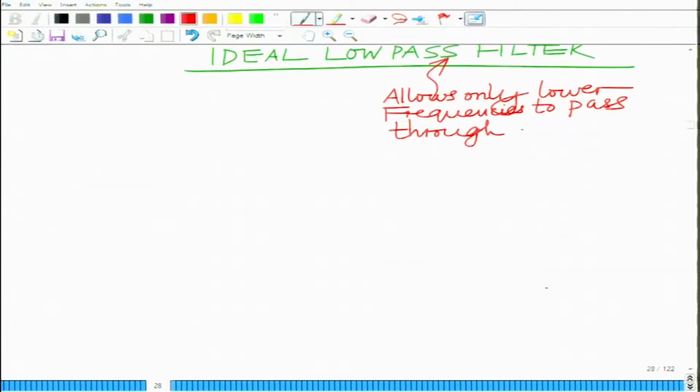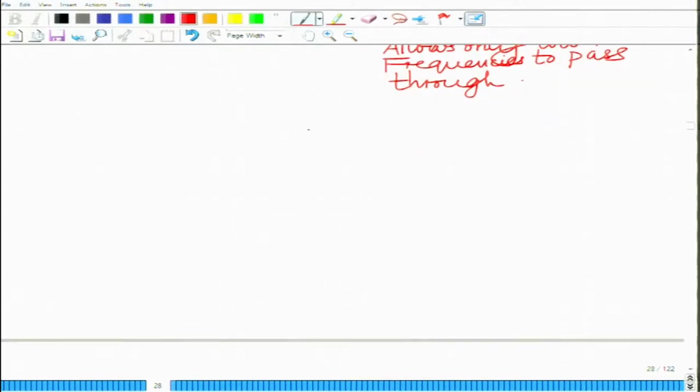So, for instance, we have the response magnitude H(omega) equals 1 for mod omega less than or equal to omega_c, and 0 otherwise.